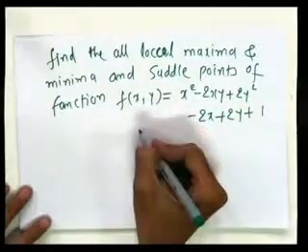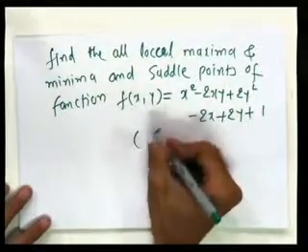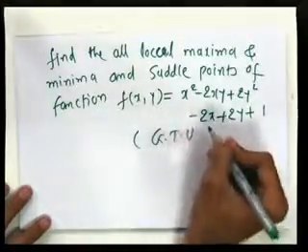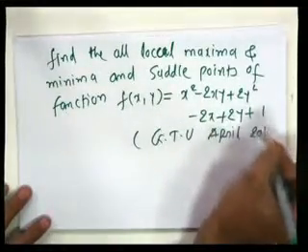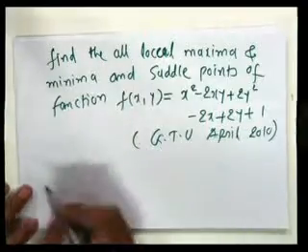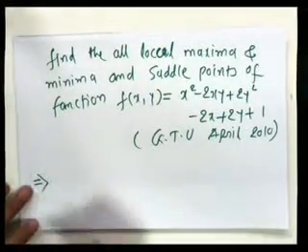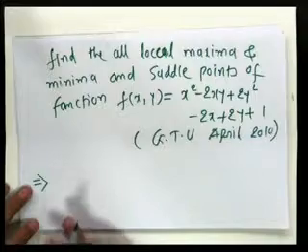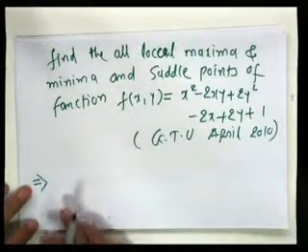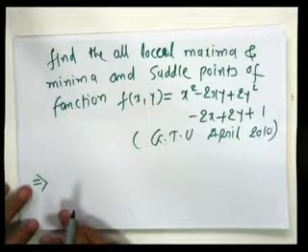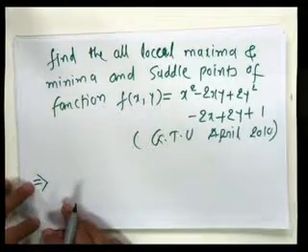Okay, this example was asked in GTU April 2010. Here we need to find the maximum and minimum values of this function f(x, y) is equal to x squared minus 2xy plus 2y squared minus 2x plus 2y plus 1.